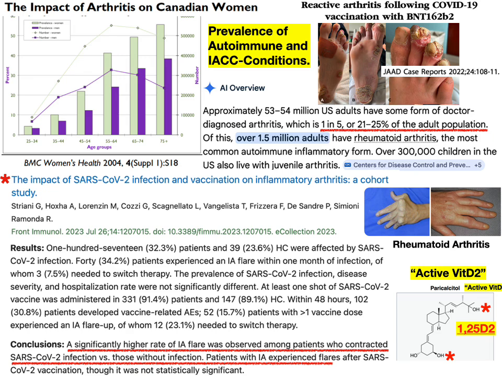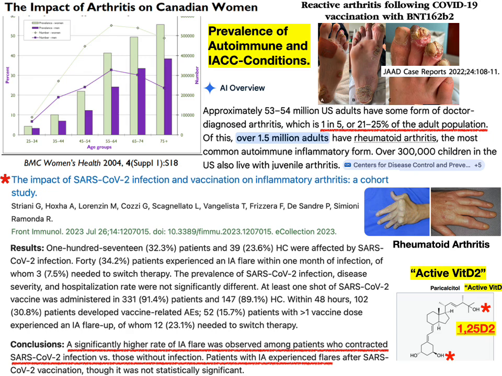Within 48 hours, 102 patients developed vaccine-related AEs, adverse effects. 52 patients, that's about 16% of the patients, with more than one vaccine dose experienced an inflammatory arthritis flare-up, of whom 12 needed to switch therapy. That's 23%.